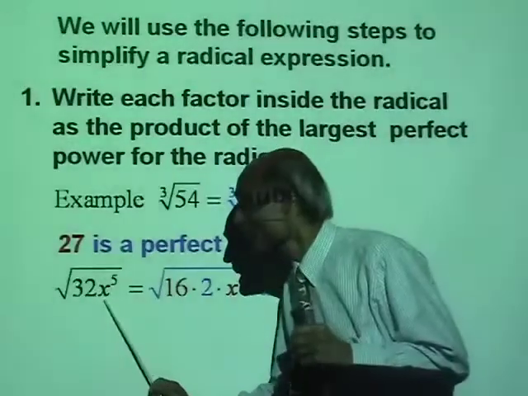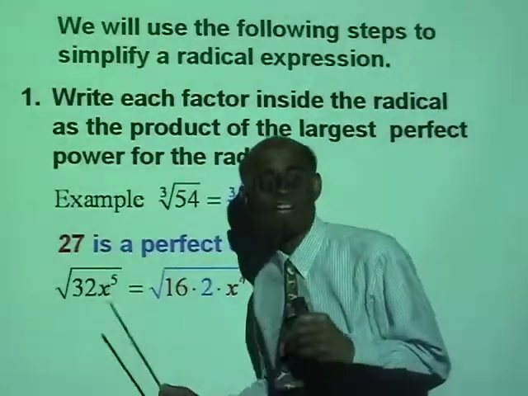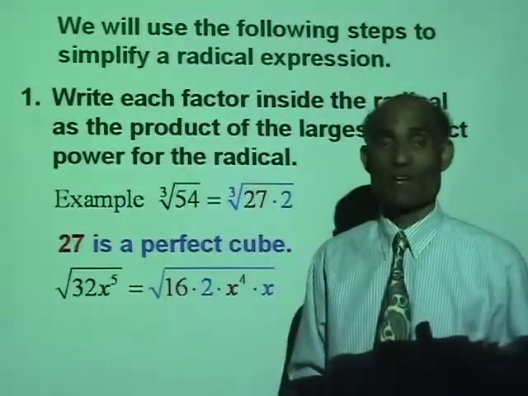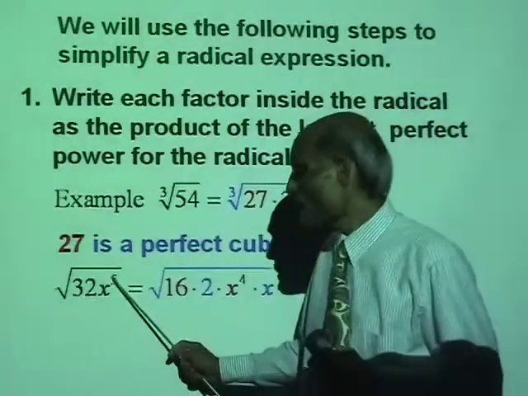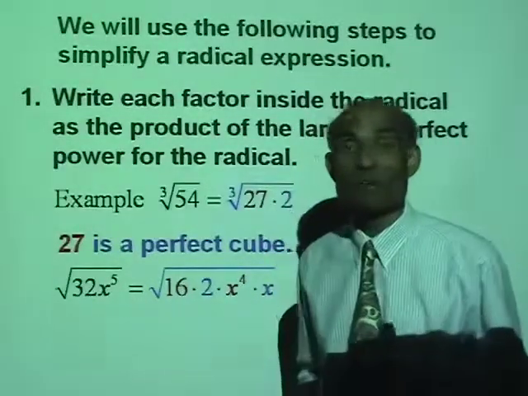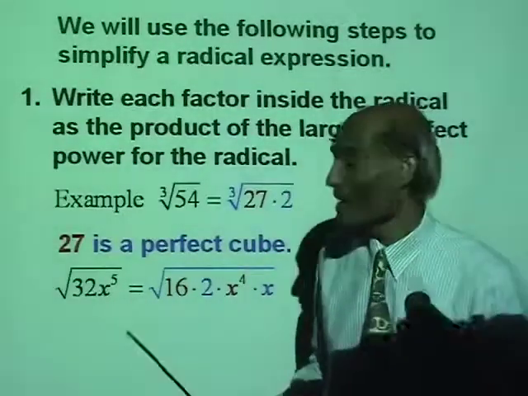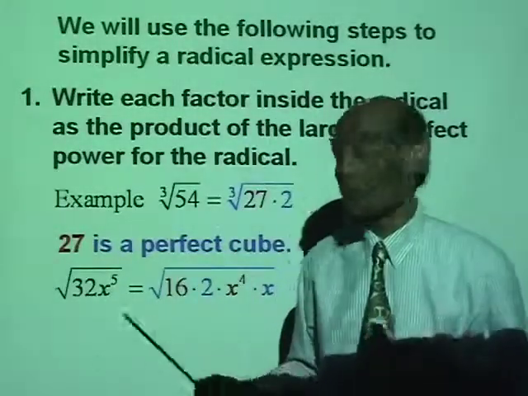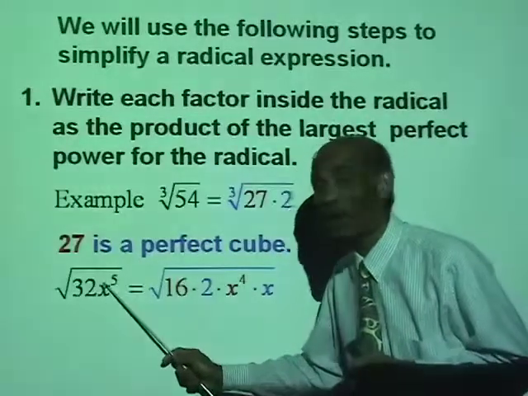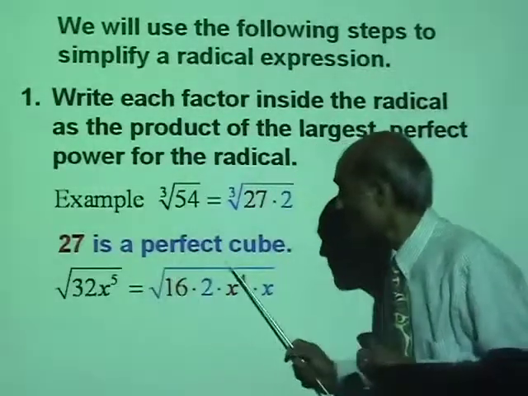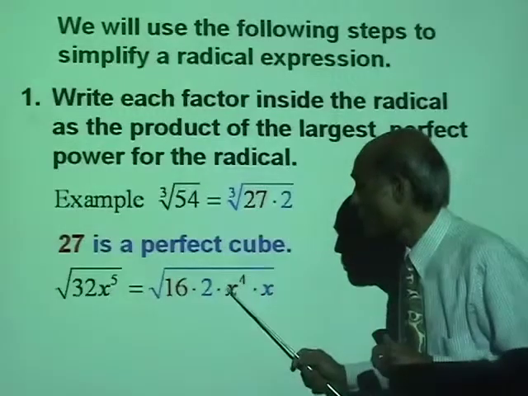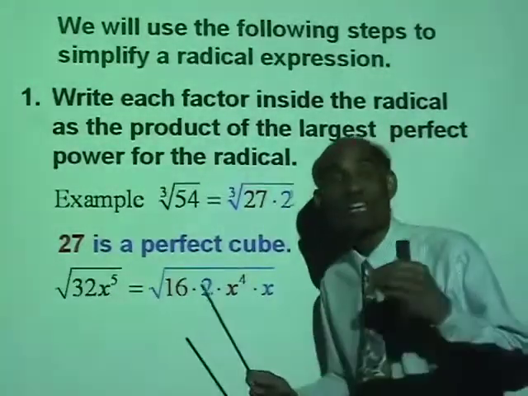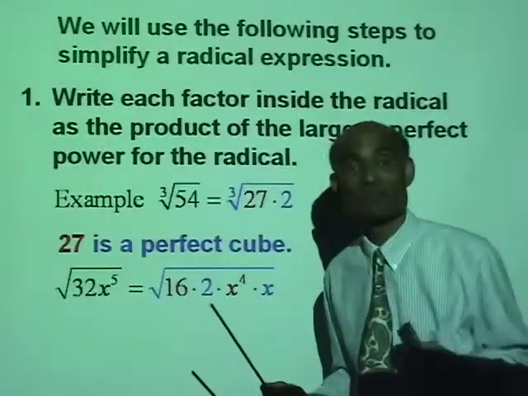Now look at this. X to the power of 5. Is x to the power of 5 a perfect square? No. A number with an exponent becomes a perfect square if the exponent is an even number. So, look at the way I'm going to write x to the power of 5. X to the power of 5 is written as x to the power of 4 times x. X to the power of 4 is a perfect square.